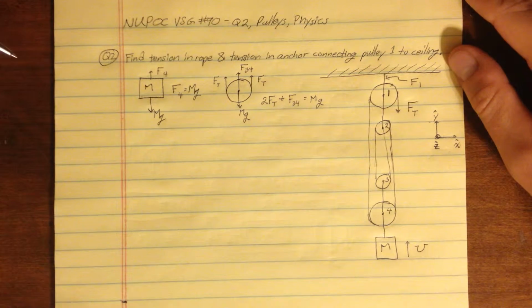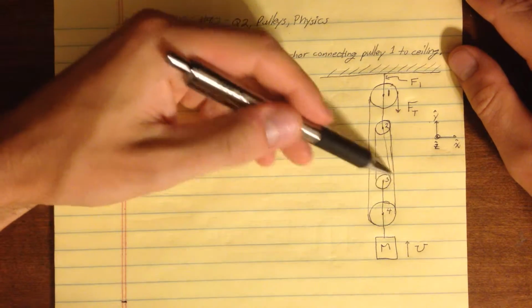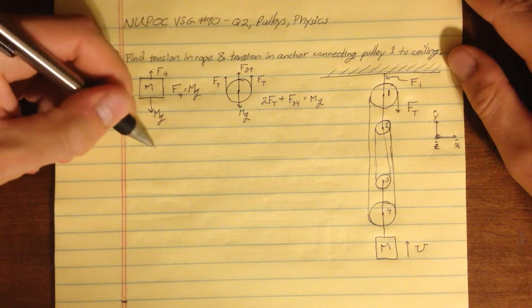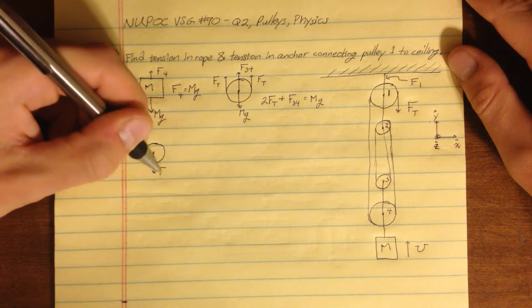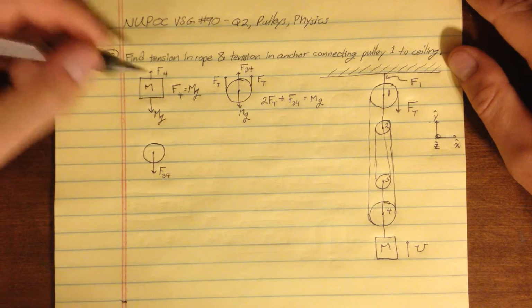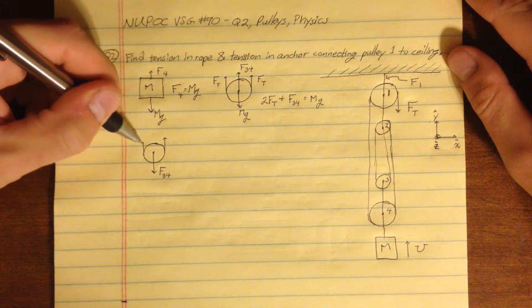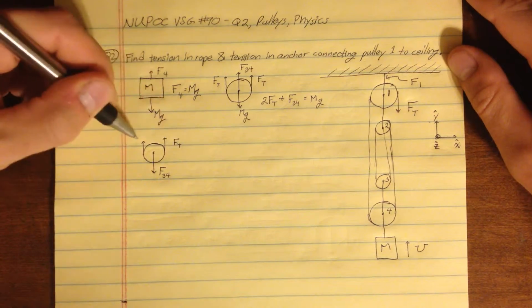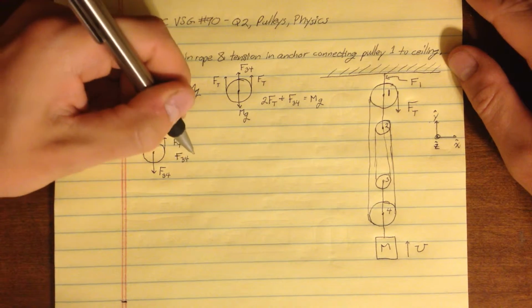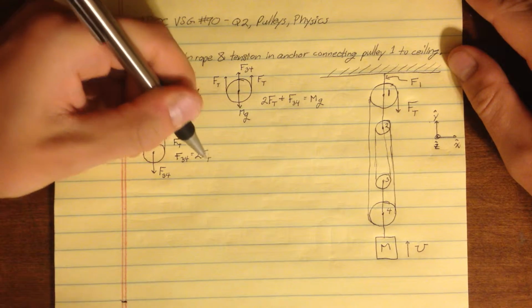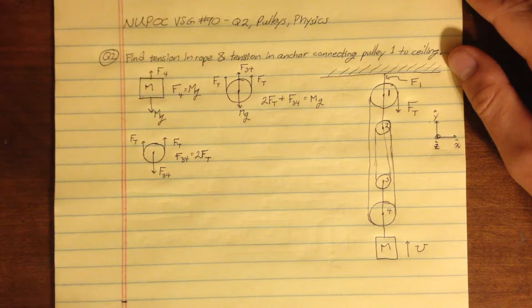Now we need to find out what F34 is, so let's go up to pulley 3 and do the same thing. At pulley 3 we have F34 pulling down, and we have the rope tension, Ft, pulling up on both sides, so F34 equals 2Ft.